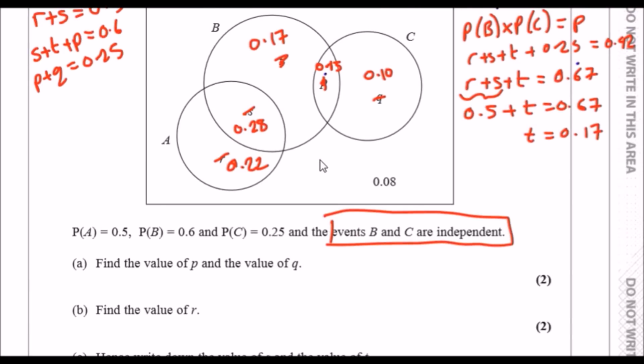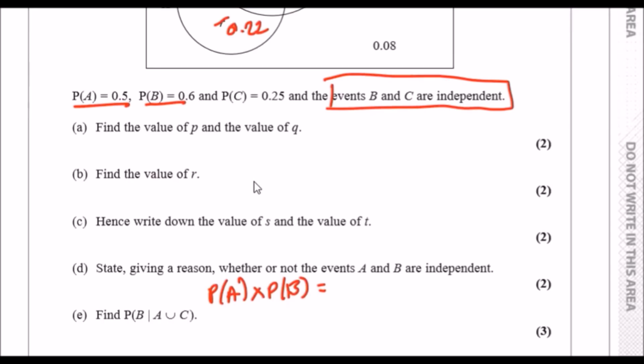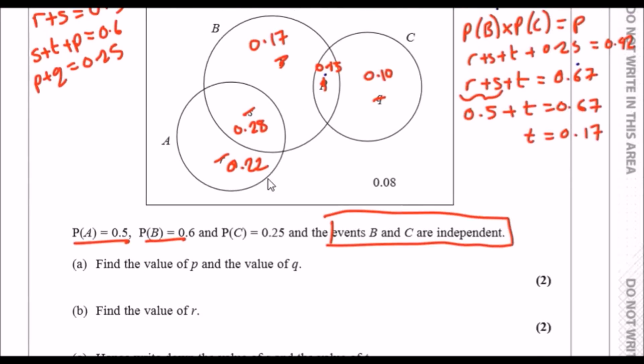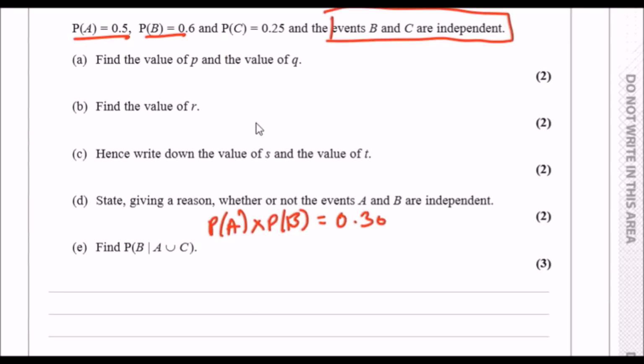So go ahead and put these two values in your calculator. 0.5 times 0.6, and what do we get? Well, we get 0.30. The problem is that the answer should have been 0.28. So the answer is no, it doesn't equal 0.28, so it is not independent.